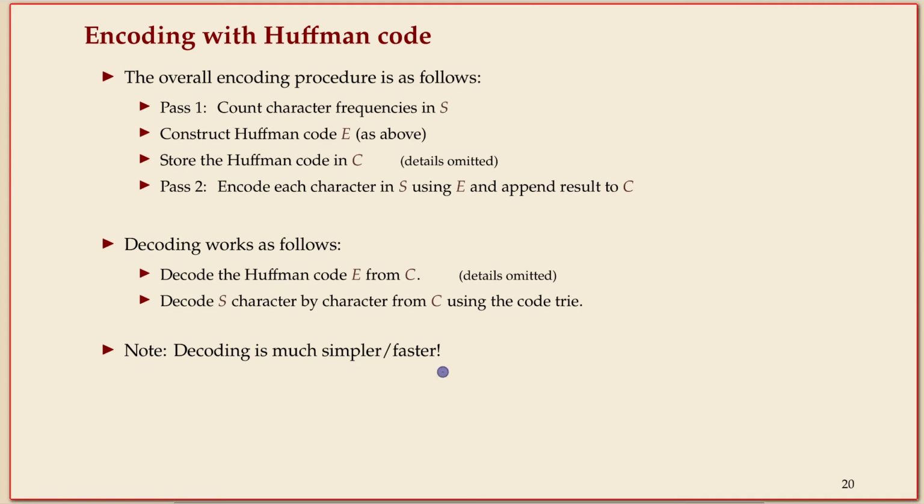I note something that will recur in other compression algorithms: decoding is simpler and also faster than encoding. Usually that's because in the encoding step, we have to analyze the text to find the redundancies to exploit them, whereas the decoding doesn't have to do that. It's just told what to do.